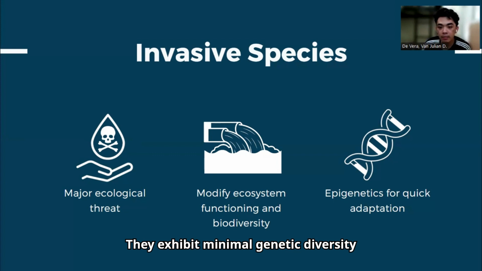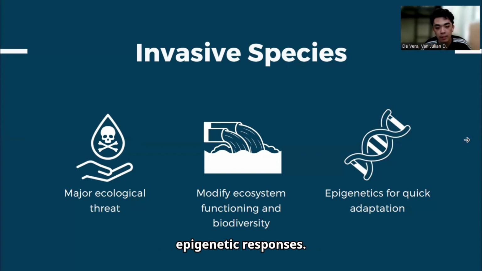They exhibit minimal genetic diversity and can become accustomed to new environments. Therefore, a key question in comprehending the role of epigenetics in rapid adaptation is how much environmental influence can set off epigenetic responses.